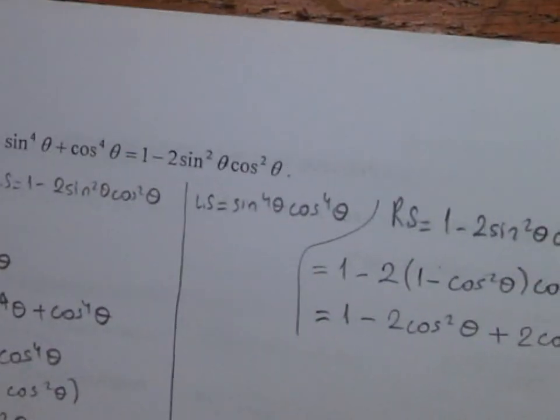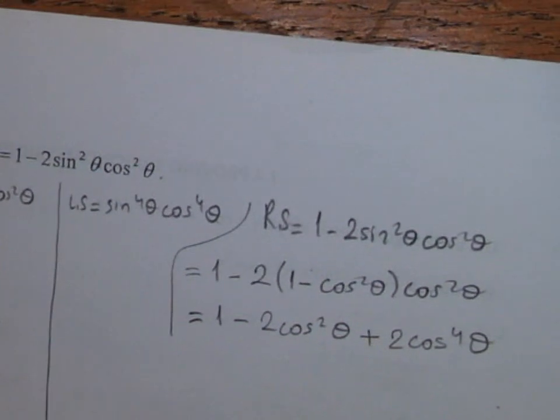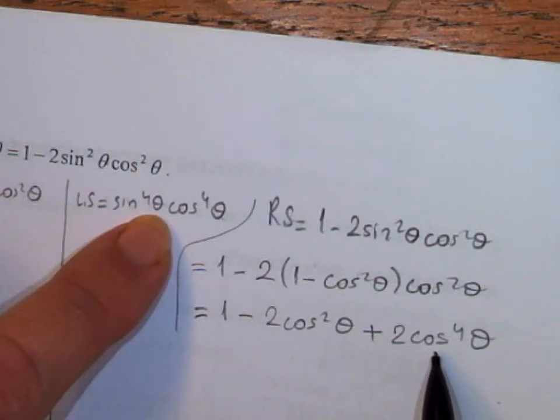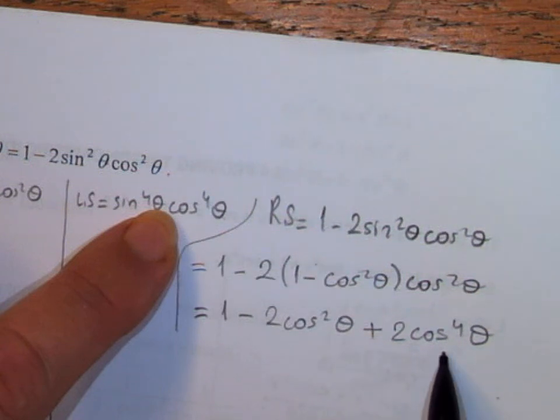So we are close to the left side, right? But not yet. But at least we were able to get cos to the power of 4 theta.